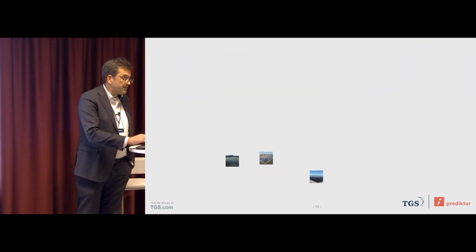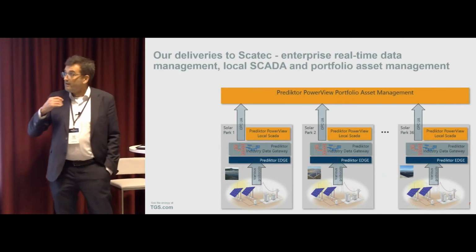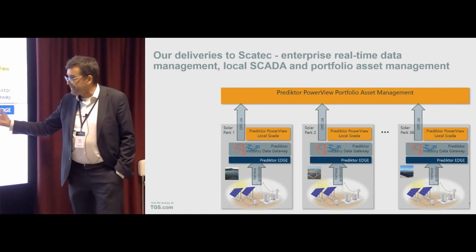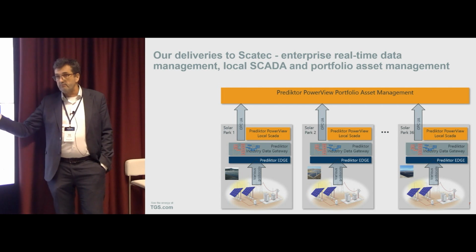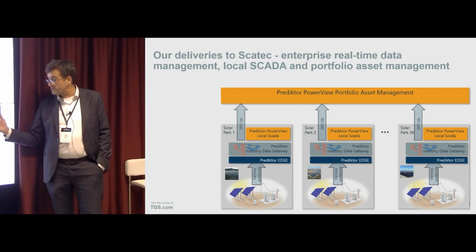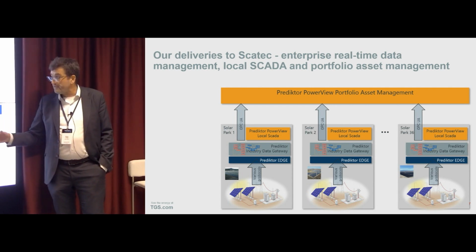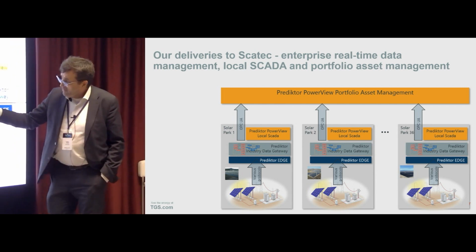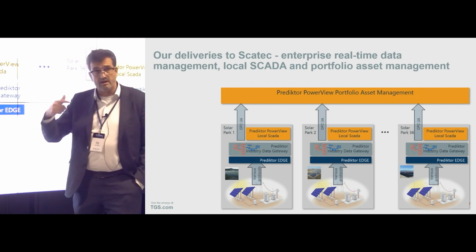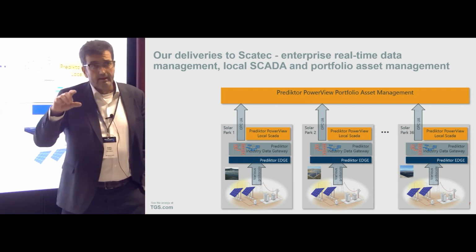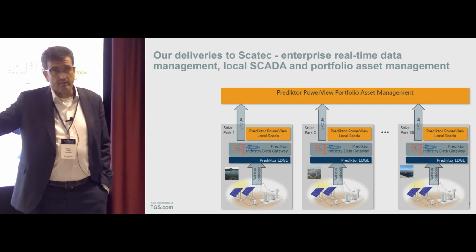Our deliveries to Scatec have been data capture on the edge. We then have the industry data gateway that does the data collection on everything that comes from the asset. I showed you earlier today the number of projects and the size in gigawatt.